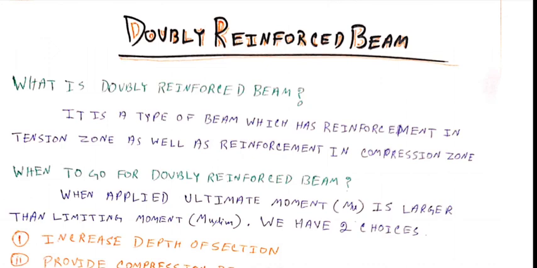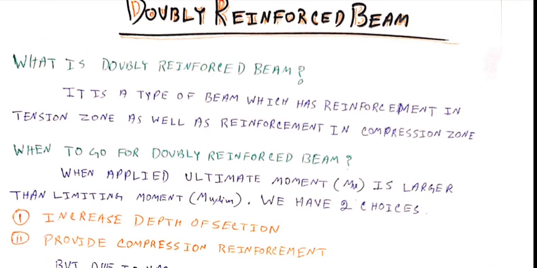Design reinforcement in a singly reinforced beam is given only in the tension zone, but in a doubly reinforced beam, design reinforcement is given in the tension zone as well as in the compression zone. Now you have to understand when to go for a doubly reinforced beam, when we have to decide that we have to design a doubly reinforced beam.